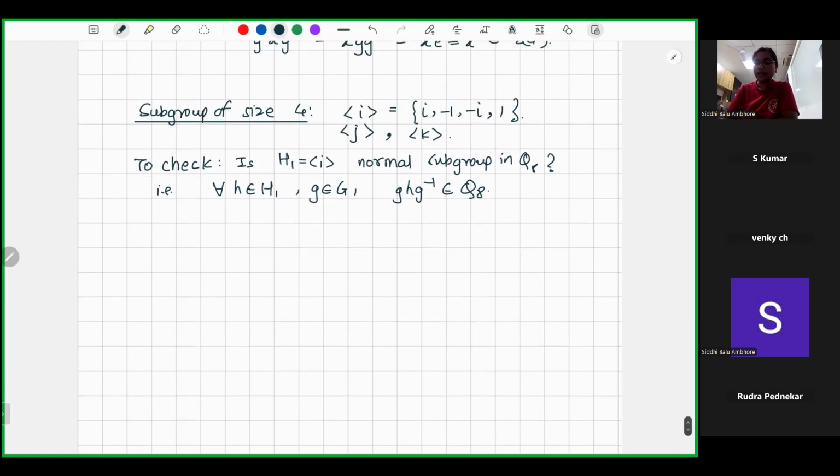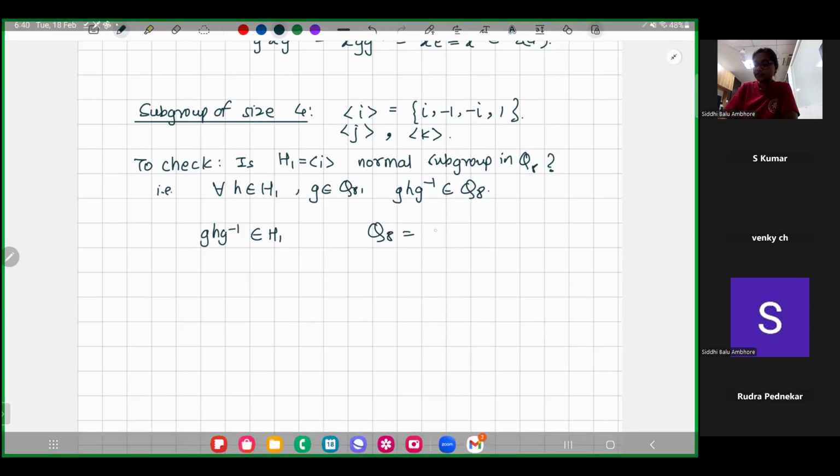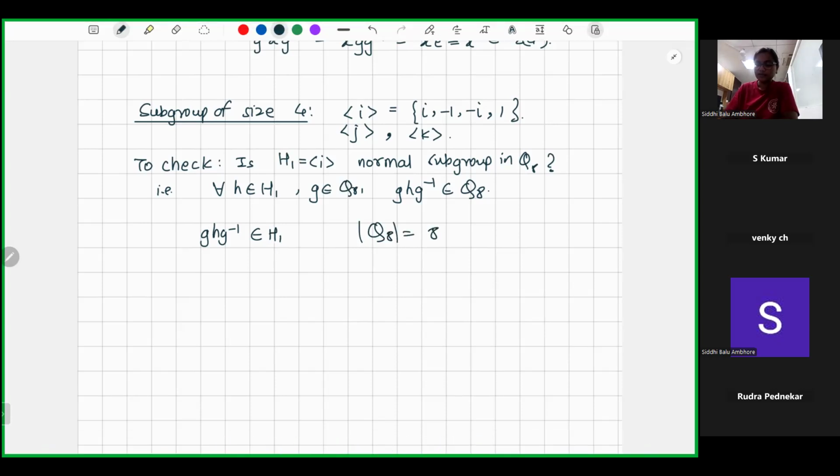Note that we have 8 elements in Q8, and H1 has 4 elements. The elements which are already in H1 we need not check.